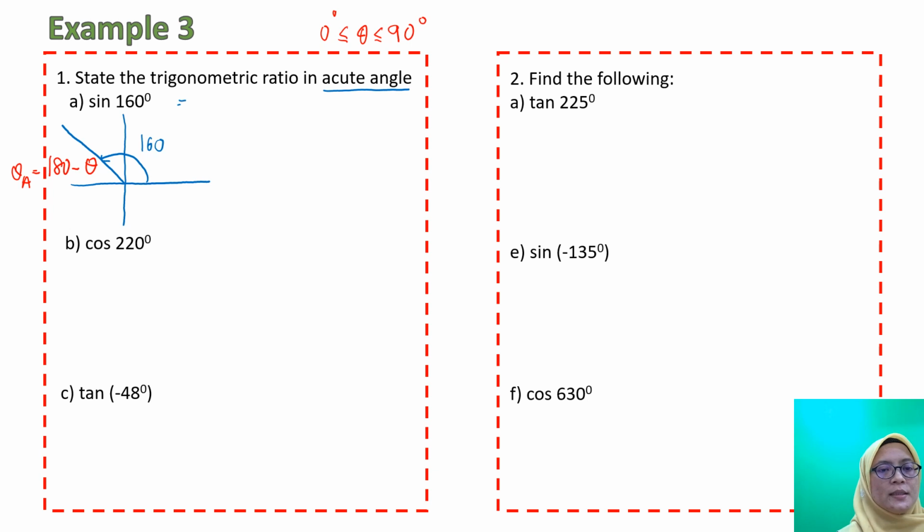So 160 sebab dia jatuh dalam second quadrant, so second quadrant sin is positive. So ini ada positive sin. Okay, so kita guna formula basic angle 180 minus 160. So kita akan dapat sin 20.